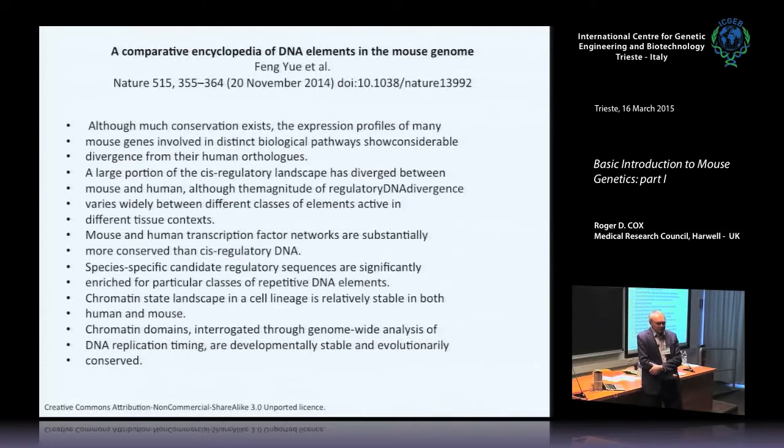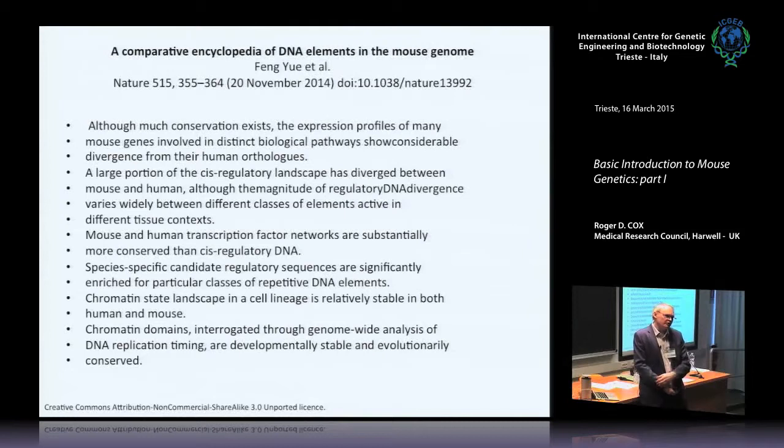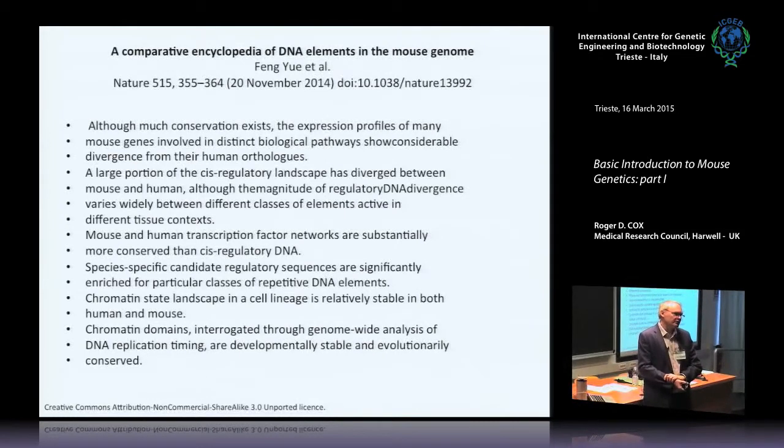So the promoter elements on genes, the bits of DNA that control transcription, have been rearranged. Some of the transcription factors are the same in human or mouse. There are additional factors co-opted. So there is a certain amount of divergence at that level.